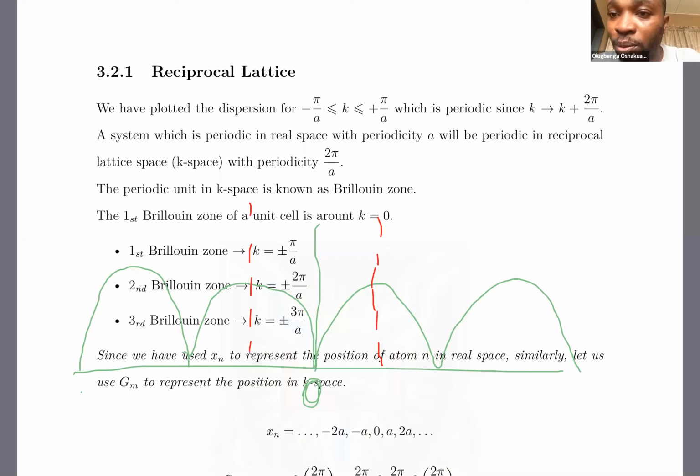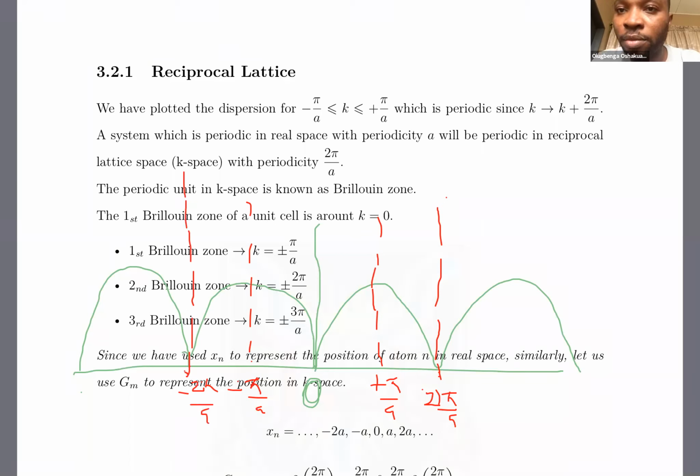This is minus pi over A. This is plus pi over A. So that means this place should be 2 pi over A. This place is minus 2 pi over A. This is minus 3 pi over A.